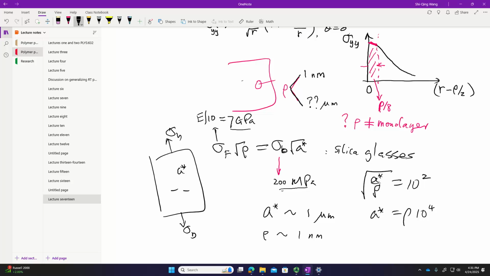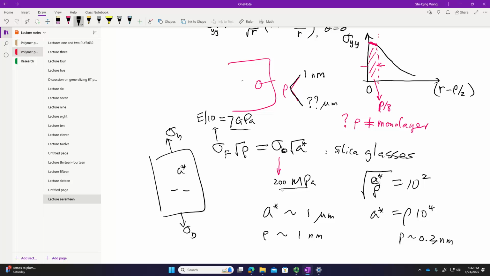So to gain some feeling about the magic of such a sophisticated subject called fracture mechanics. If you don't like this, give you 10 microns, rho is probably only 0.3 nanometers.